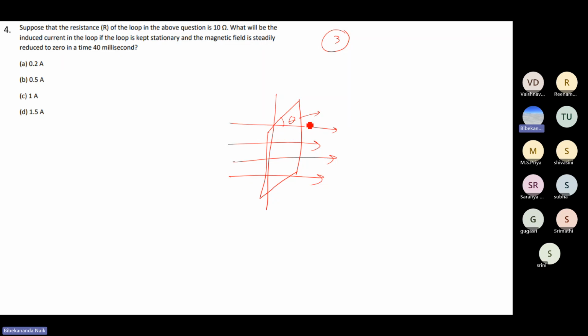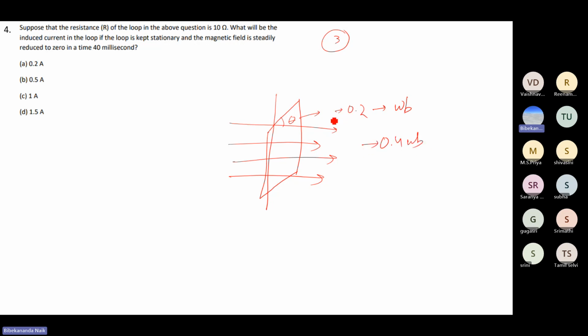We had calculated in the initial case, the flux associated with it was 0.2 Weber, and in the final case, when the face of the coil is perpendicular to the magnetic field, the flux was 0.4 Weber.